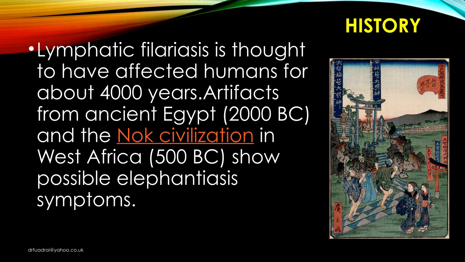Lymphatic filariasis is thought to have affected humans for the last 4,000 years, and artifacts from ancient Egypt around 2000 BC are there, which can be seen. And then also the Nok civilization in West Africa shows possible elephantiasis symptoms.